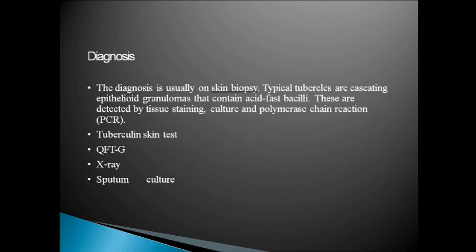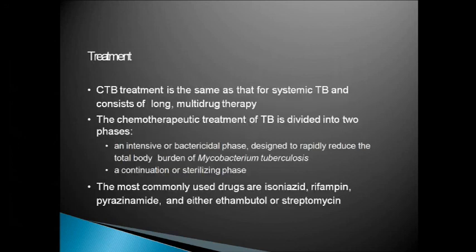Apart from it, other tests which can be done are RT-PCR obviously, then CB-NAAT, cartridge based nucleic acid amplification test, then QuantiFERON Gold assay, previously used, nowadays not used, X-ray of the chest, sputum culture, and tuberculin skin test, which gives strong evidence of immunity against TB bacilli. These are a few investigations which can be done to identify TB bacilli in our body.